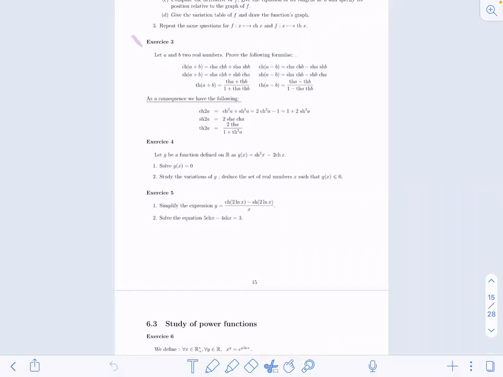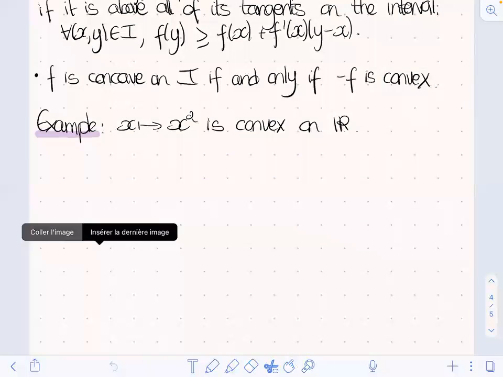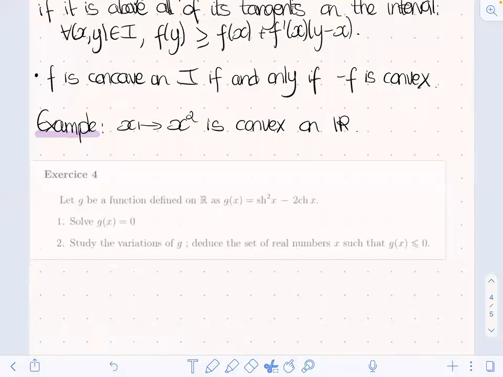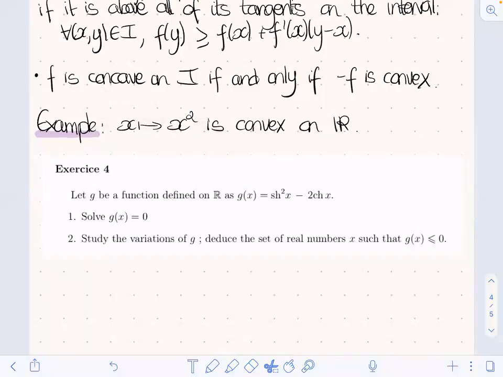So what we can do is take a look at exercise 4. I don't think we've done exercise 4 yet. And try and correct that exercise. So it's this one, and it's the last exercise on hyperbolic trig functions. And we're actually going to manipulate the different properties that we've proven.